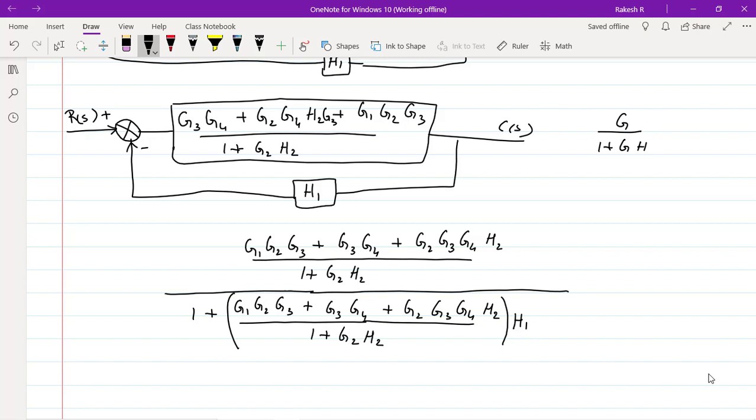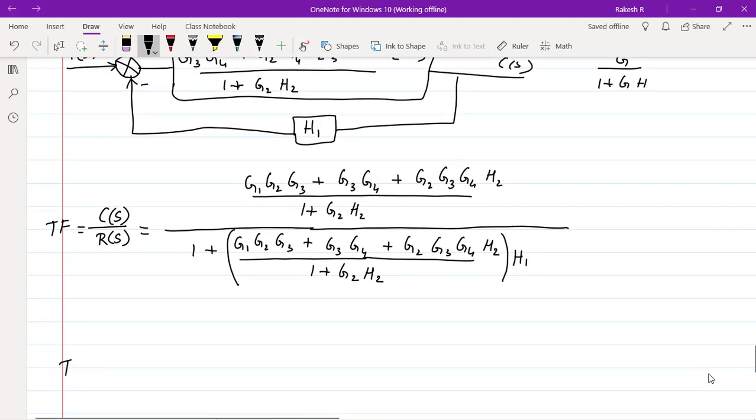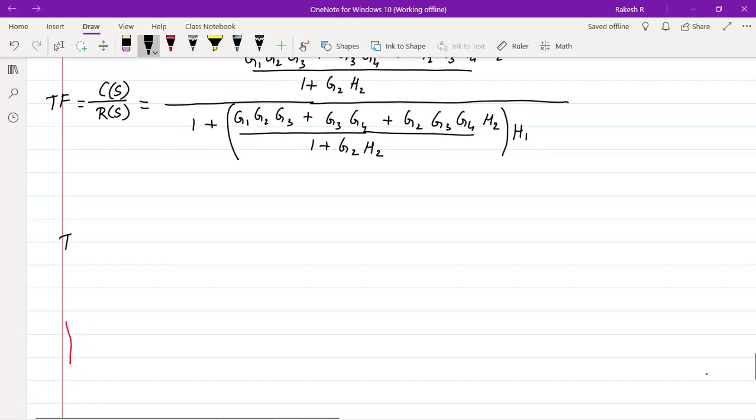Now we shall solve. What is this? This is nothing but the transfer function, C of S divided by R of S here. Right. Now we shall solve this transfer function, whatever we have.